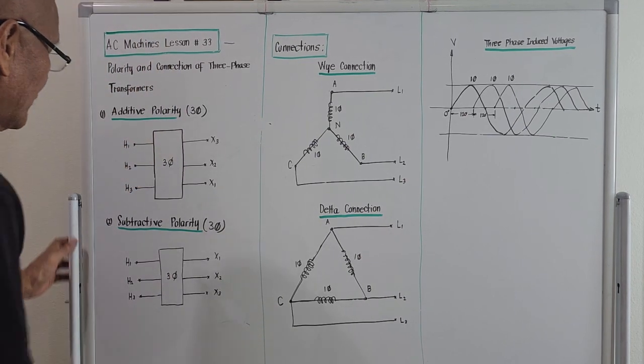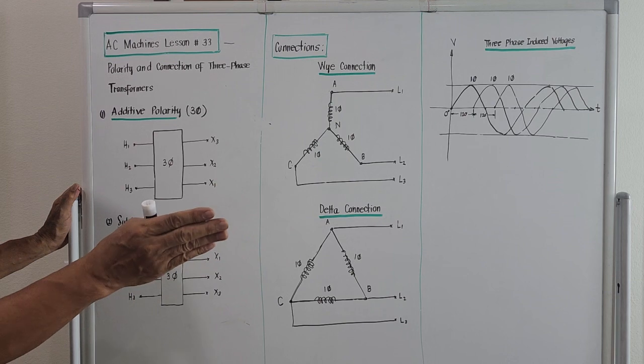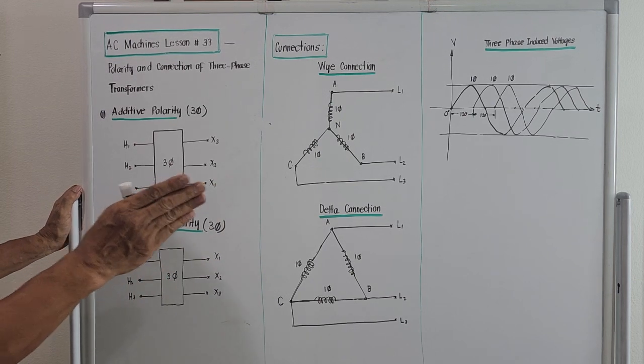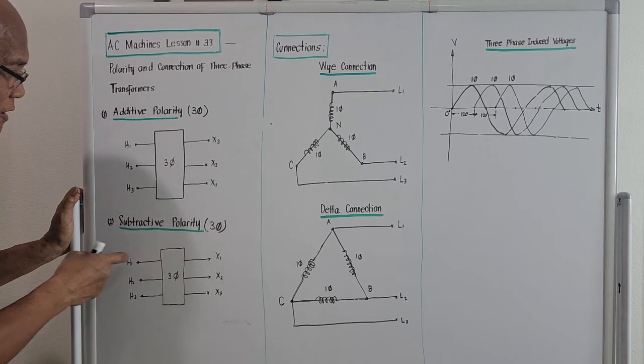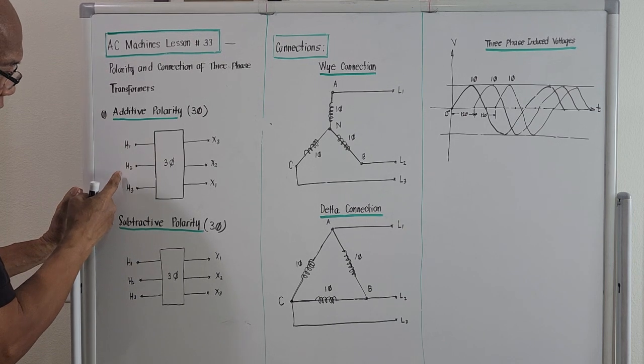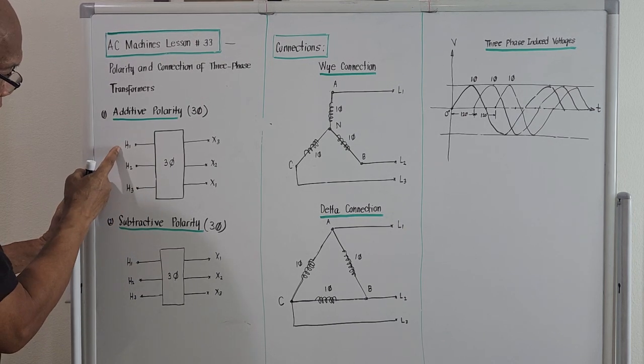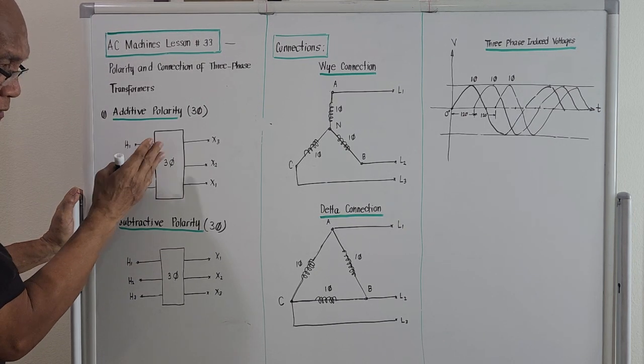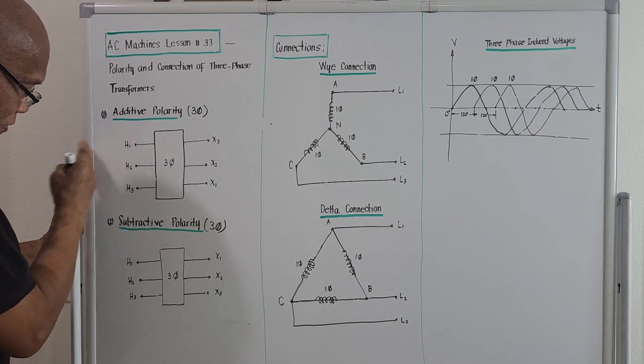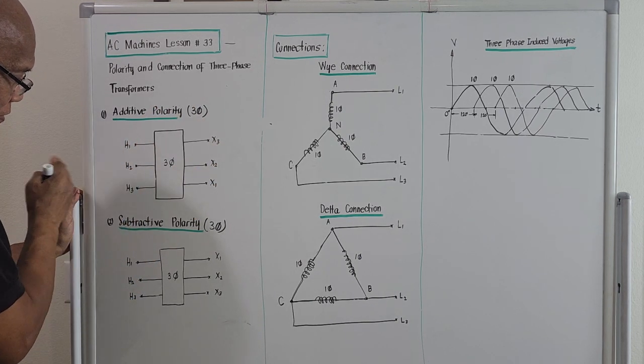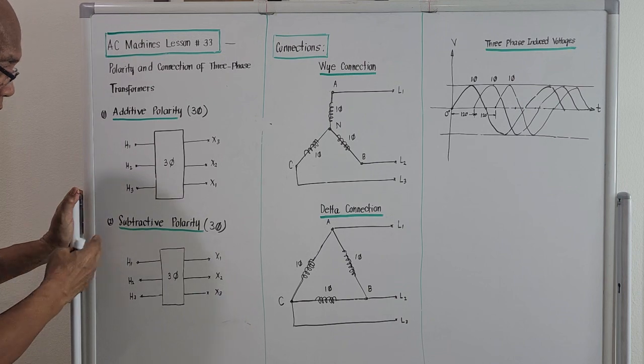The markings on the primary side are designated by capital letter H for the high side: H1 means line number 1 on the high side, H2 line number 2, H3 line number 3.